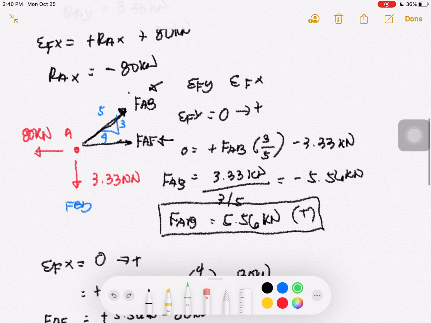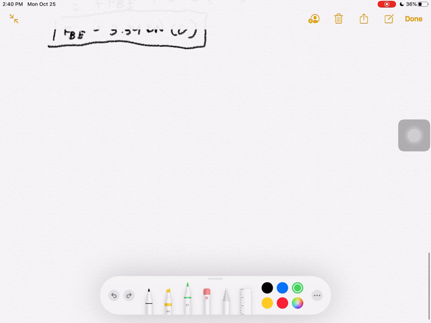Ano yung may kitang force kay joint E? So FAE, ano nakita natin kanina sa FAE? It should be tension.